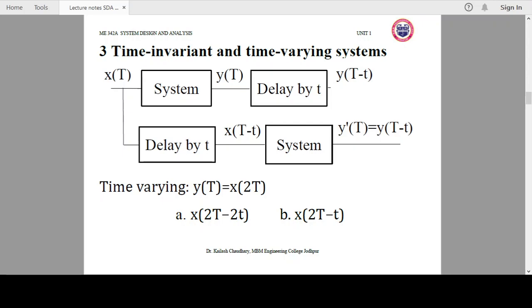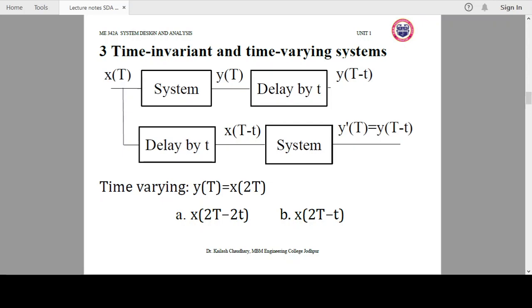Let us try to understand with this equation. If you put the equation y(t) equals x(2t) for the above pattern, where the signal goes to the system first and then the delay occurs, then the equation converts to solution A, that is x(2T minus 2t). Similarly, if we use the same equation for the second pattern, the below pattern, the final equation we get is solution B, that is x(2T minus t).